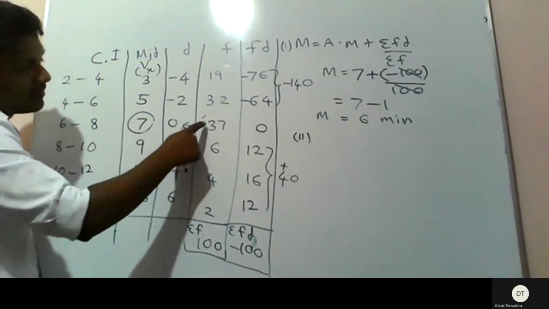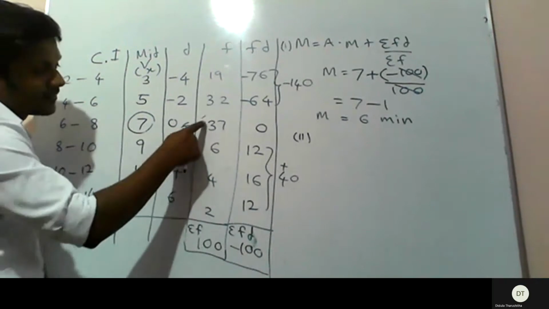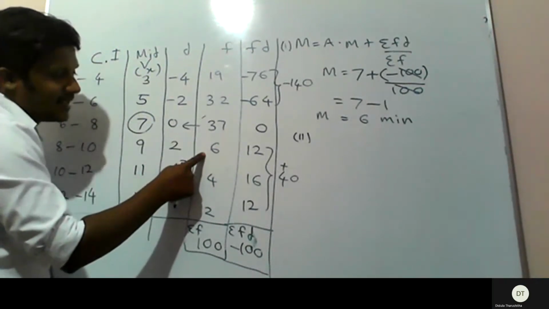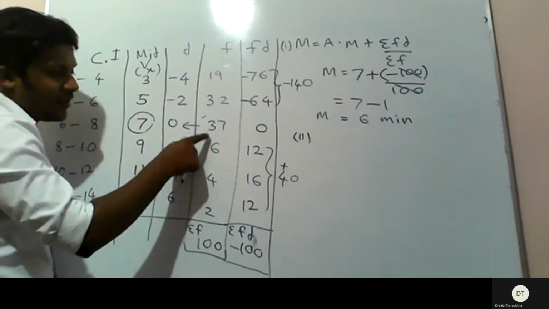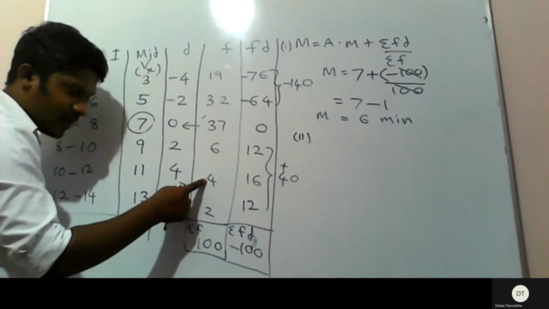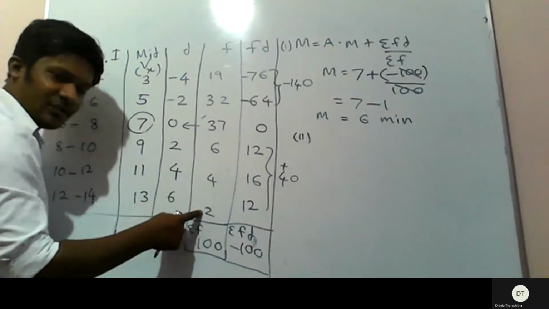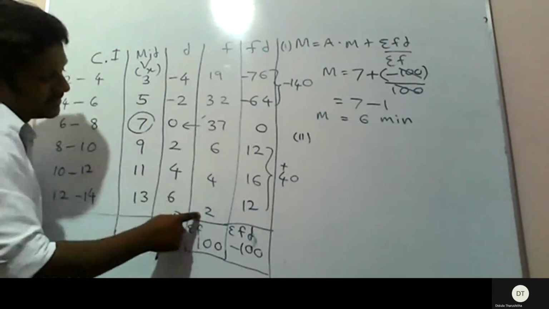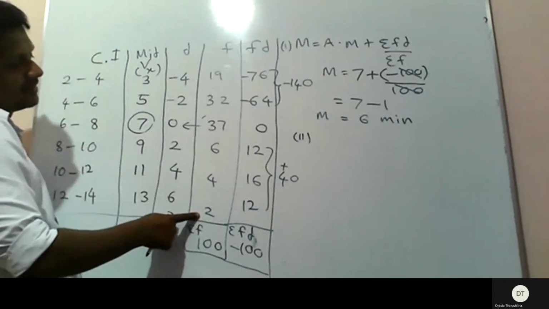Then we add the number of patients: 37 plus 6 is 43, 43 plus 4 is 47, 47 plus 2 is 49. The sum is 49, right?